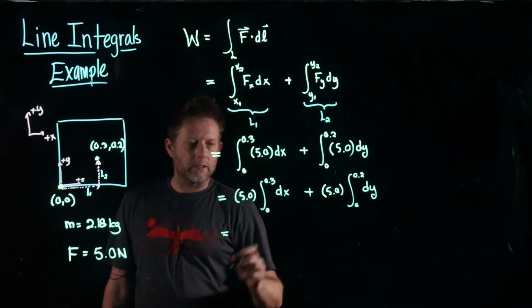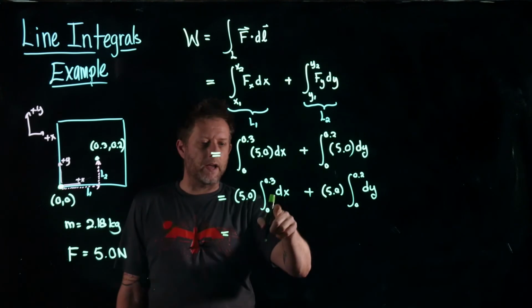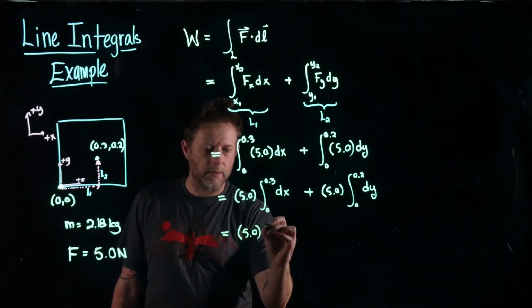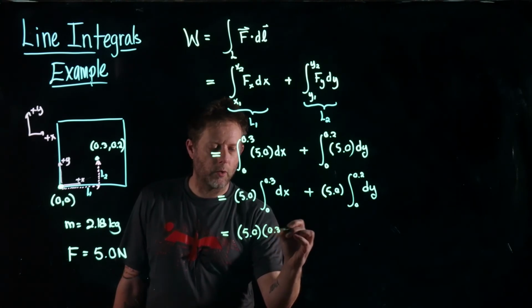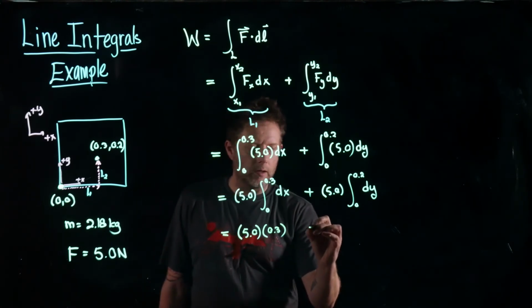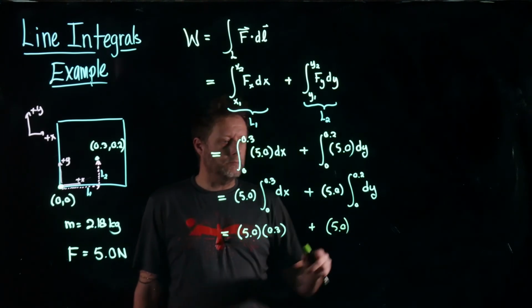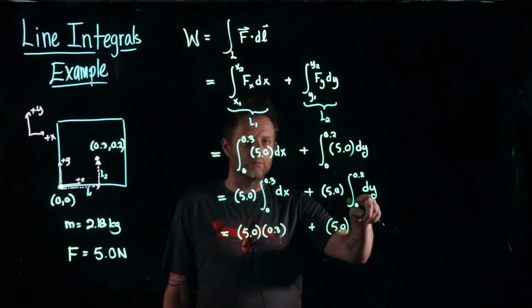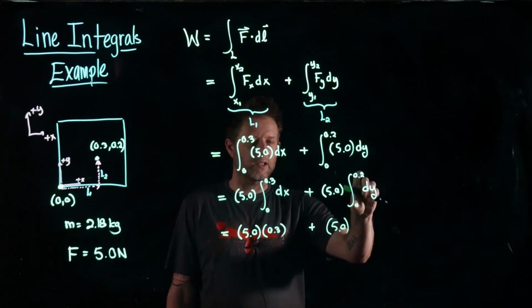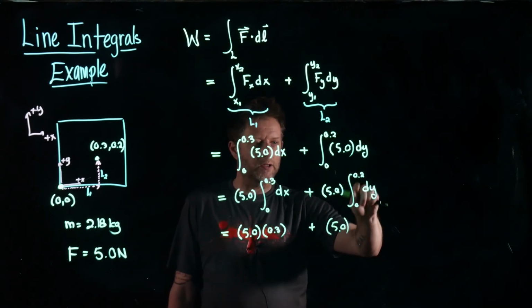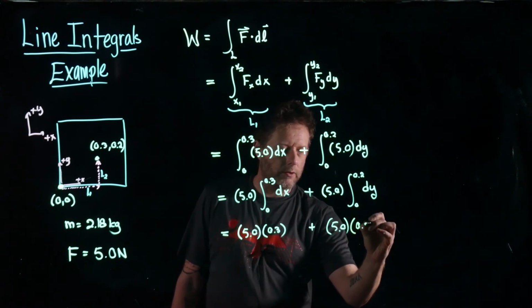So the definite integral with respect to x going from 0 to 0.3, skipping some steps here, is simply 0.3, plus a similar argument here, integrating from 0 to 0.2 over our displacement. That's just going to be the exact displacement. Going from 0 to 0.2 is just 0.2.